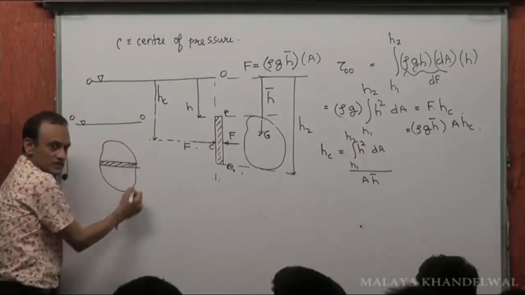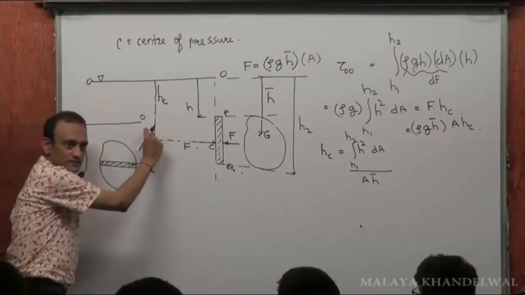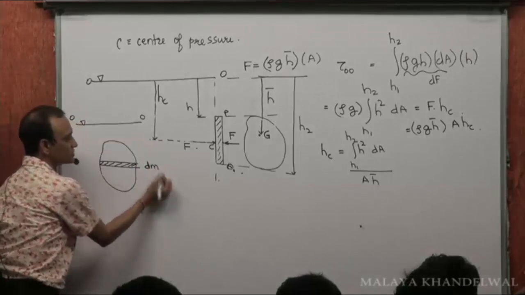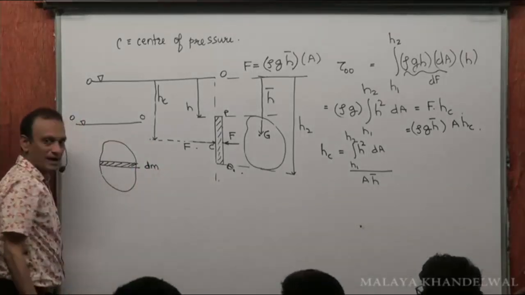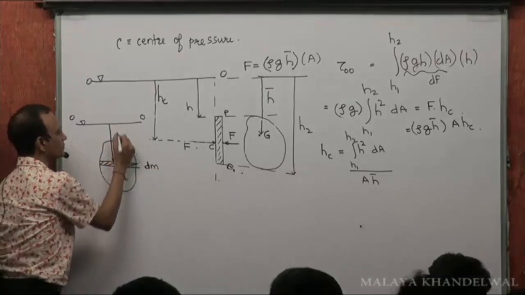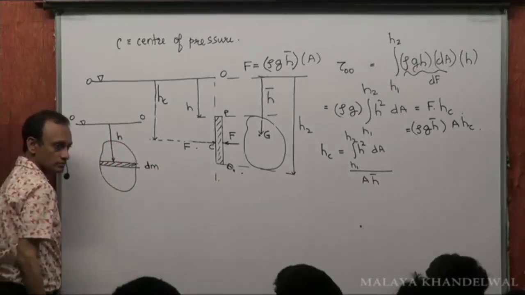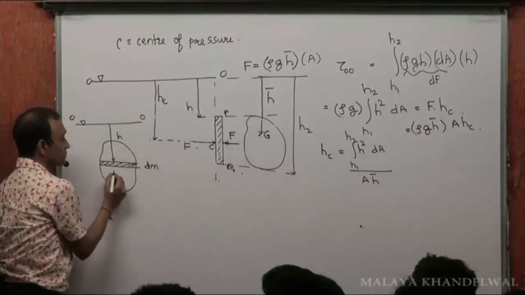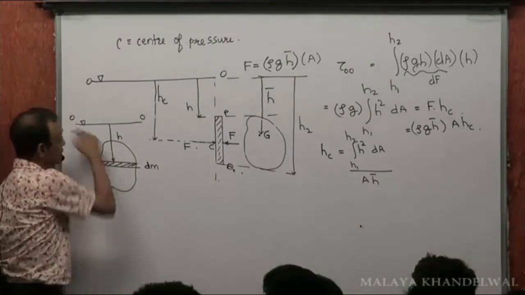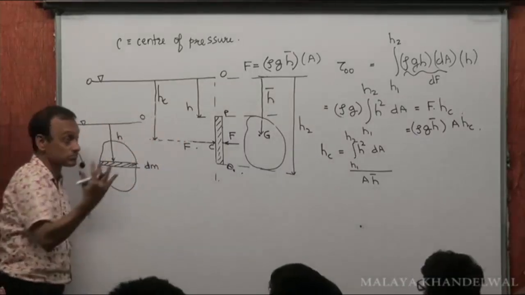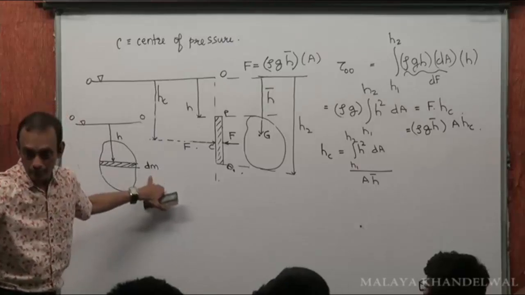Moment of inertia of this submerged surface about this free surface. This is a mass element that I have chosen. This is the depth h. Then the moment of inertia about this OO, let me call this moment of inertia of mass.